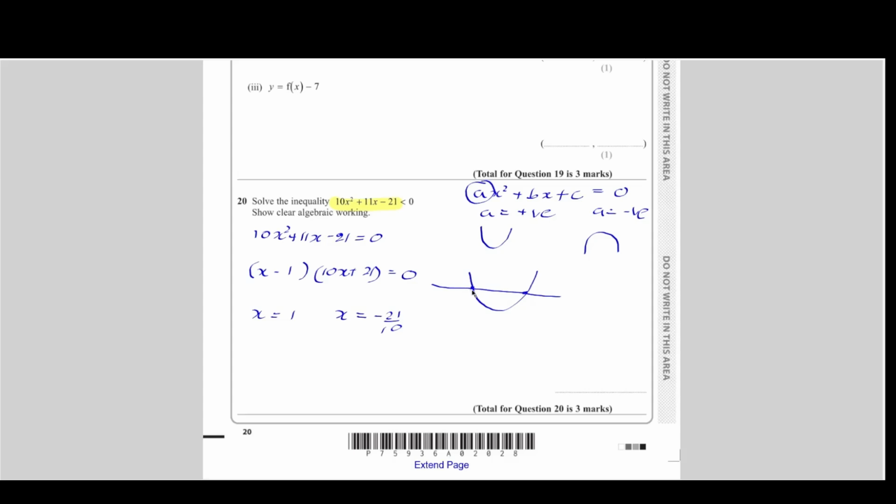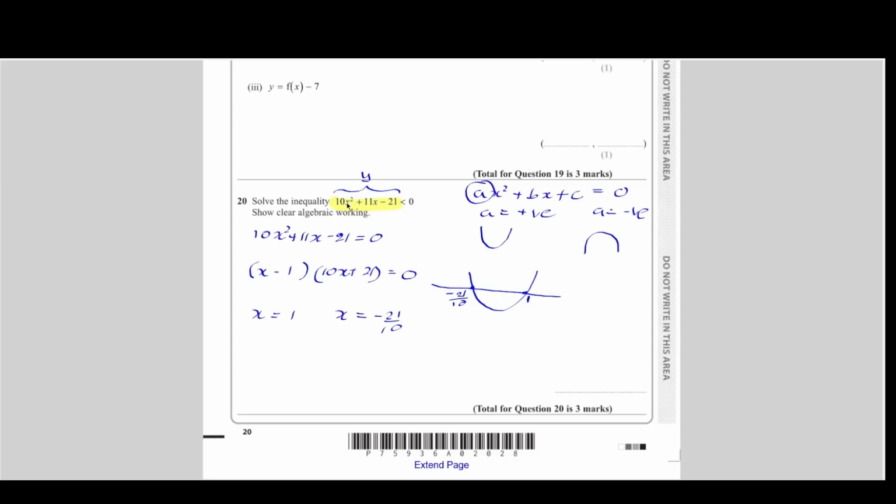That's it. The name is the only difference. So let's label them. Here I'm getting minus 21 over 10, or I can write minus 2.1. And here 1. Now, the inequality says, remember, this part is always y. So we know that y is smaller than 0.